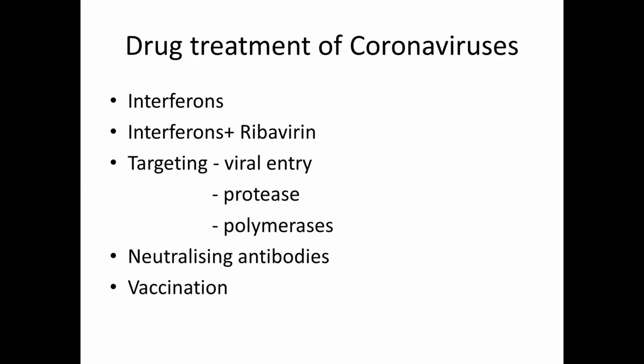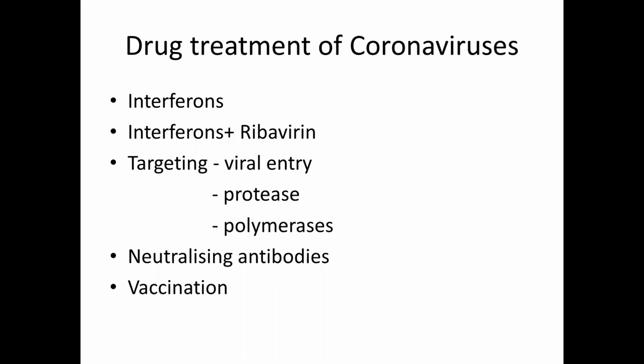So drugs have been tried in treatment of coronaviruses, and just like any viral infections, interferons that have broad activity against viral infections have been tried. It's also been found that the use of interferons with ribavirin gives a better effect.